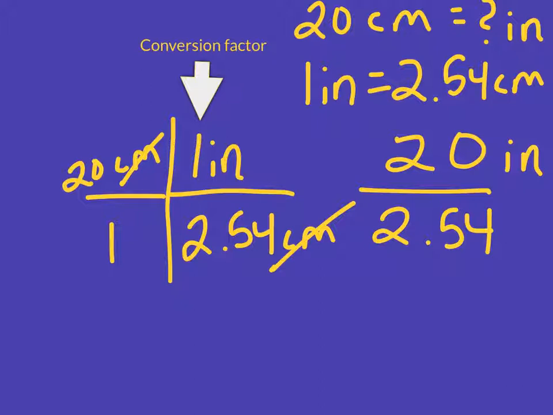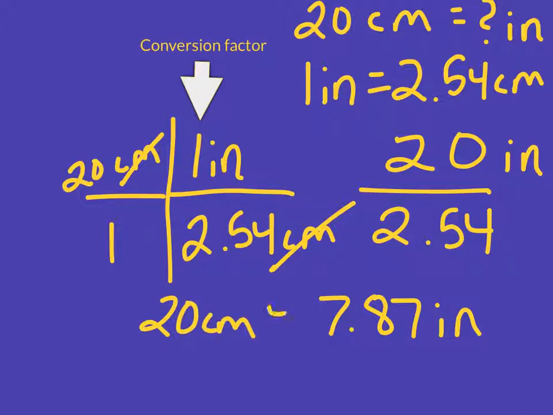When you do that, you should get an answer that is 7.87 inches. So 20 centimeters is about 7.87 inches.